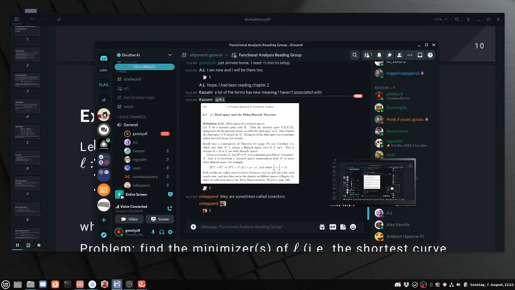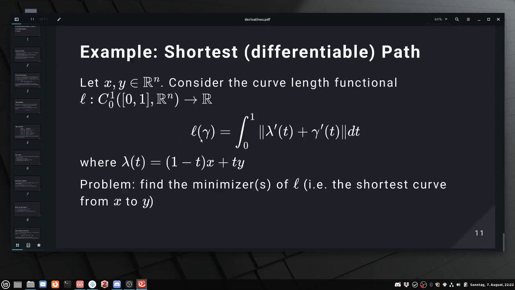Does anyone have any questions about the slides or maybe the exercise or quiz? Yeah. In the last slide, what is gamma? So gamma here is a curve. Let's say lambda here is the linear interpolation between x and y. And then I want to say, what is the shortest curve between points x and y? A curve being just a function from 0 to 1 that starts at x and ends at y.